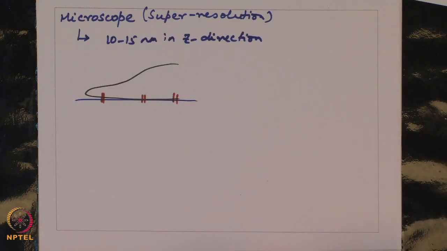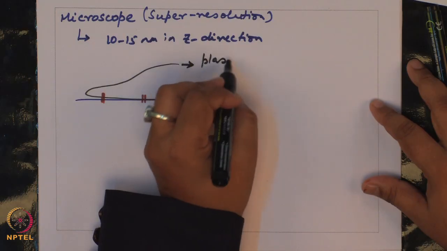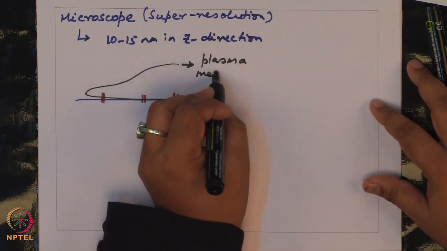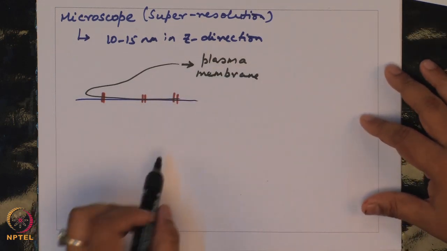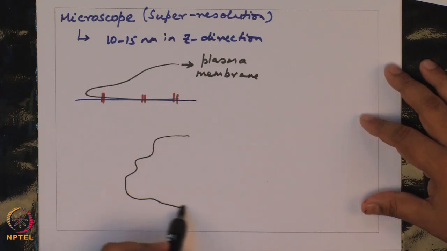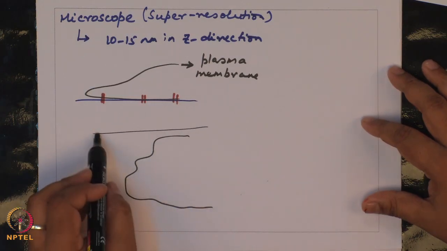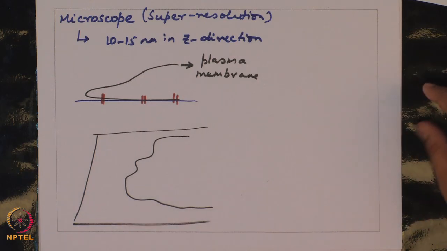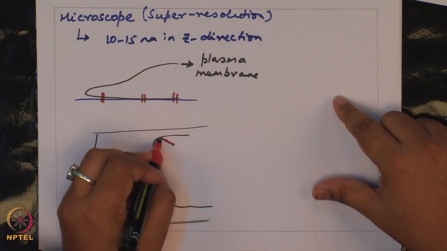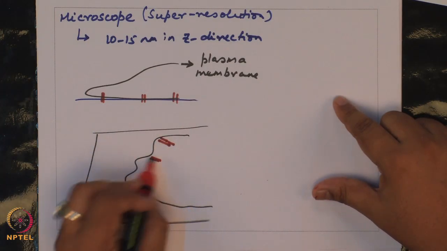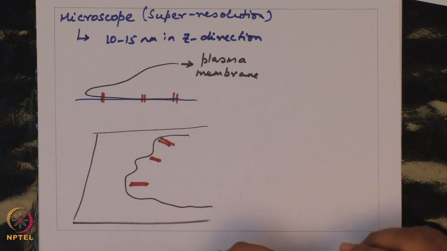This is your plasma membrane. In side view, the same picture might look something like this. So, you have a 2D plane and these focal adhesions would look like this.